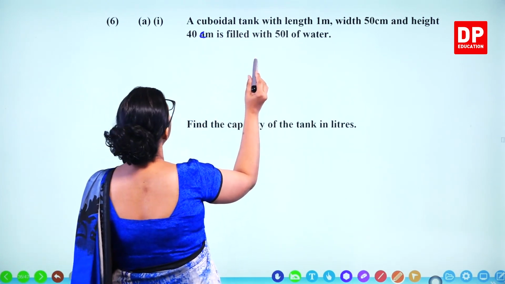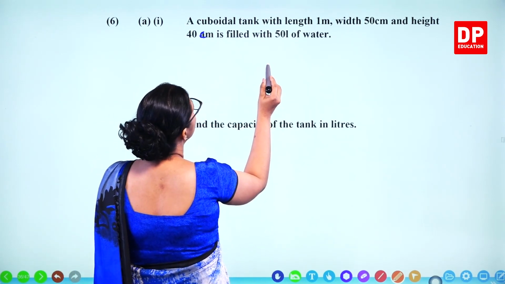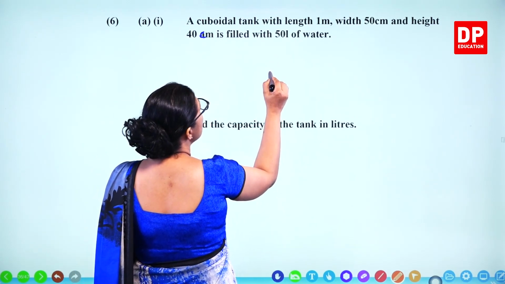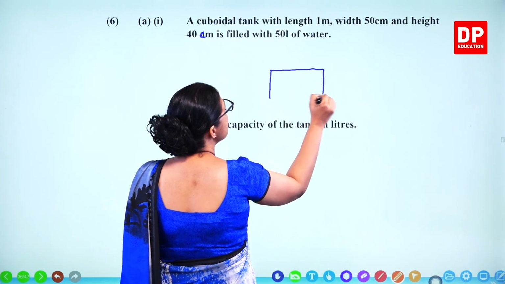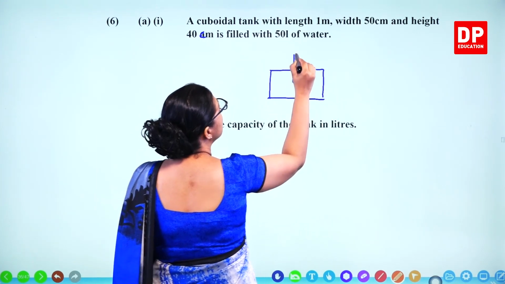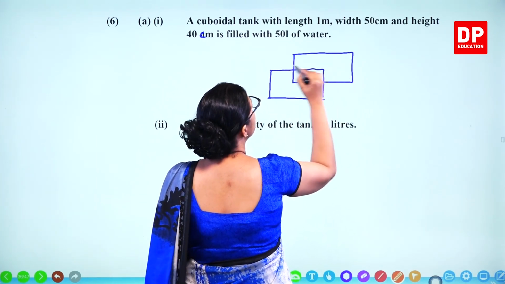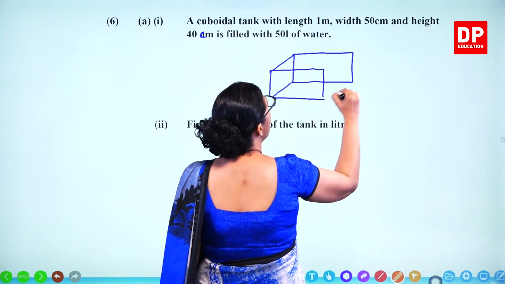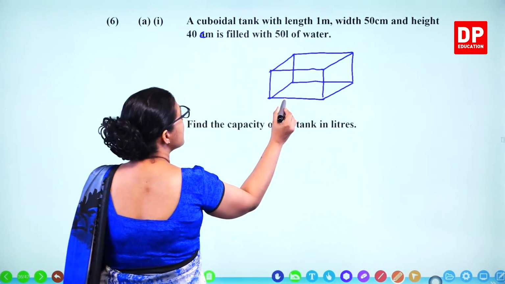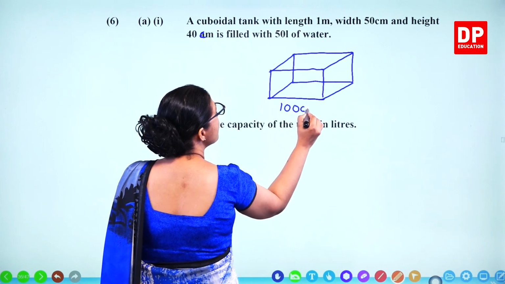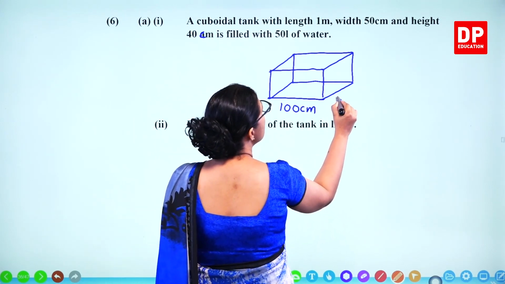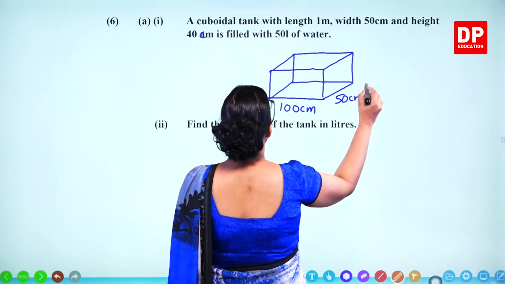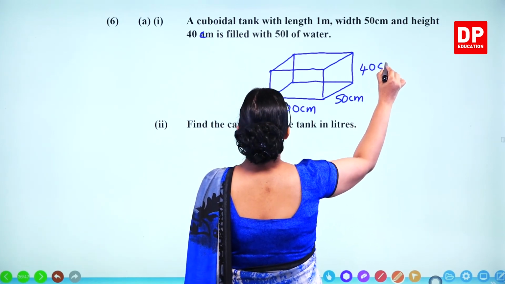So in this part, we'll draw the diagram roughly. This is a cuboidal tank. 1 meter we'll take in centimeters, 100 centimeters, width 50 centimeters and height 40 centimeters.